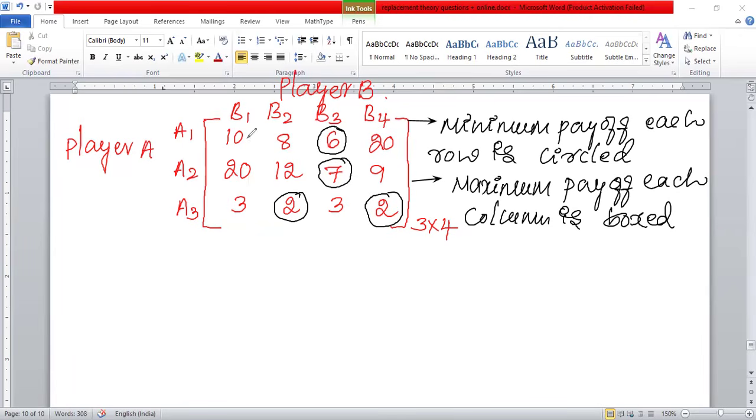The first column 10, 20, 3, so 20 is the maximum, boxed. Now 8, 12, 2, maximum is 12. Now the B3 column 6, 7, 3, so maximum is 7. And the last one, 20, is the maximum number.